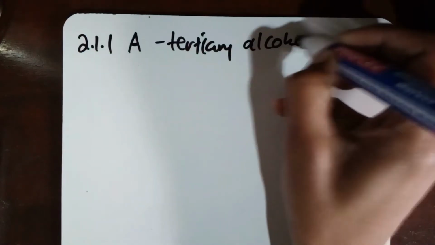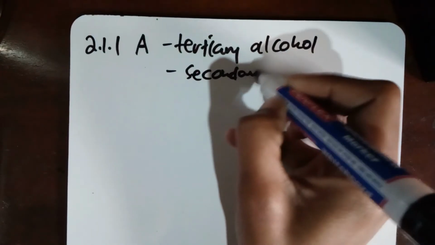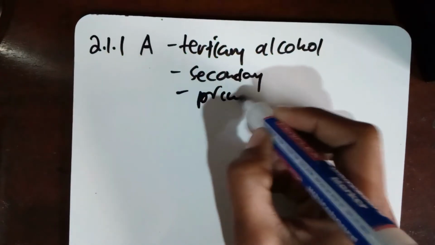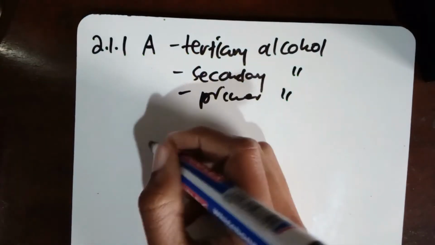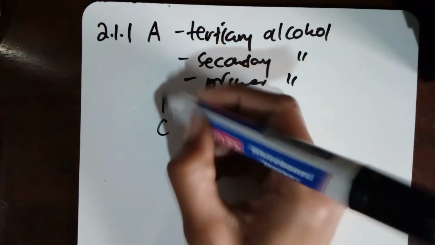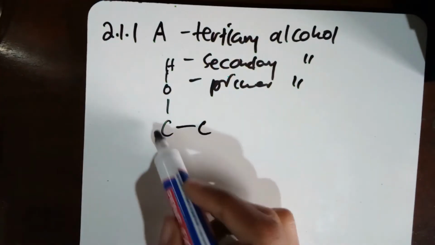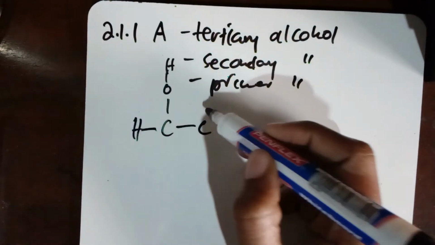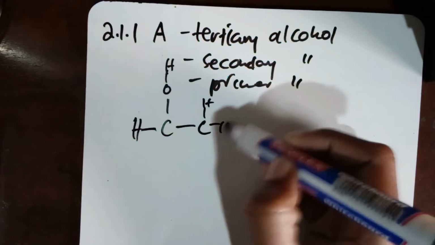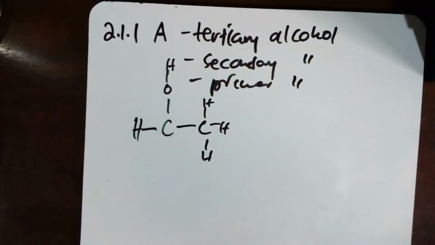So we've already spoken about how to identify between primary, secondary, and tertiary alcohols. We said that if, for example, the carbon with the hydroxyl group is connected to one other carbon, perhaps here there will be an H, and then here we have a C, so it's connected to one other carbon, we would call that a primary alcohol.